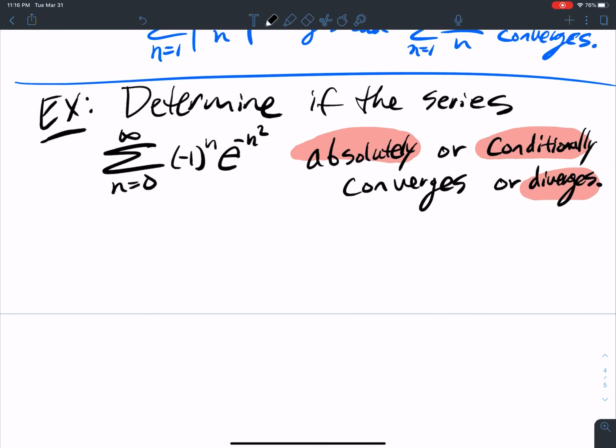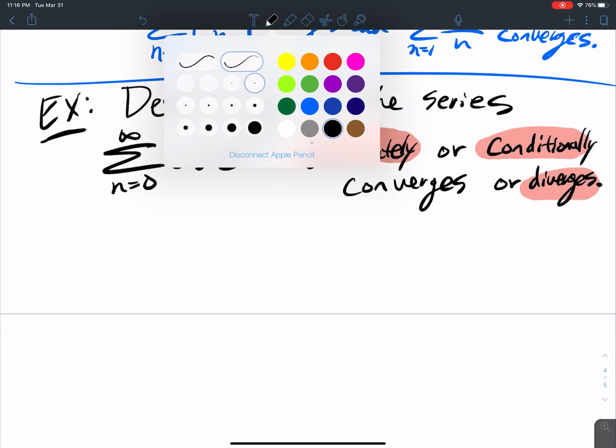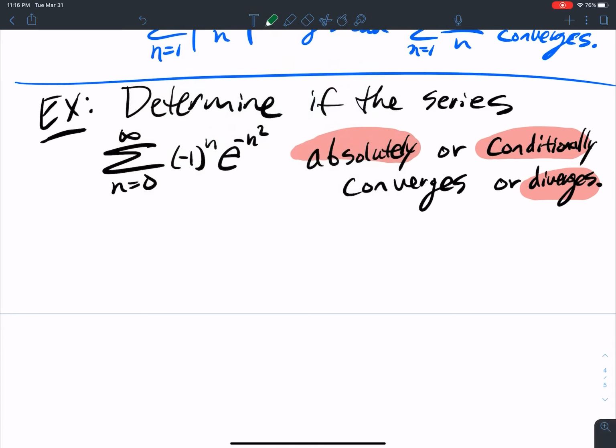Okay. Now, what does your gut say? Well, let's just start off with our a_n. So a_n here is negative 1 to the n, e to the negative n squared. Let's consider the absolute value. The absolute value is going to drop out the negative 1 to the n factor.